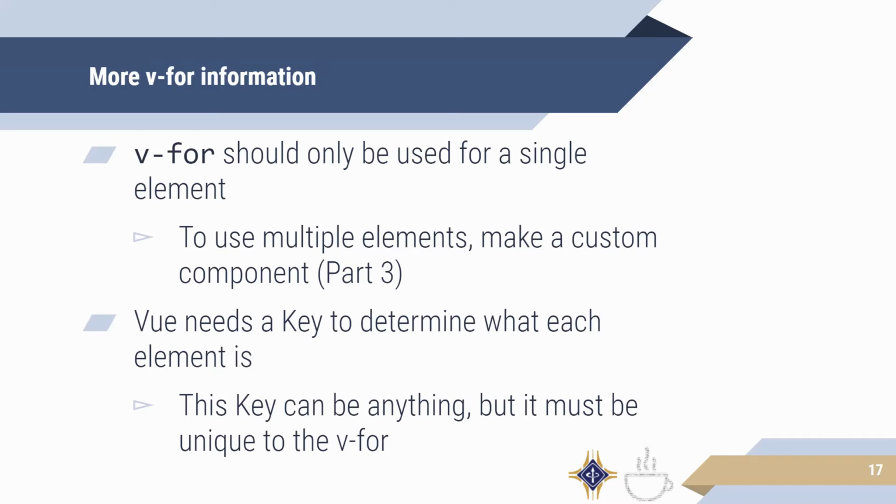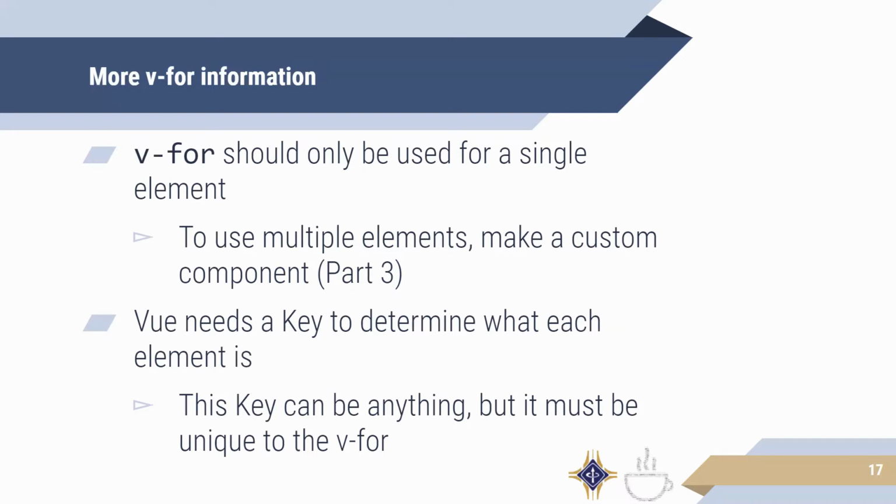A key is some kind of unique identifier you give to each element in the V4. And what that allows Vue to do is determine whether, when you change elements in the array or on the page, that element needs to be re-rendered. So for example, if you have 4 elements and you remove one of them, it only has to remove one and not the other 3, which saves your browser processing time, which can be very helpful if you have 100 elements in your array.